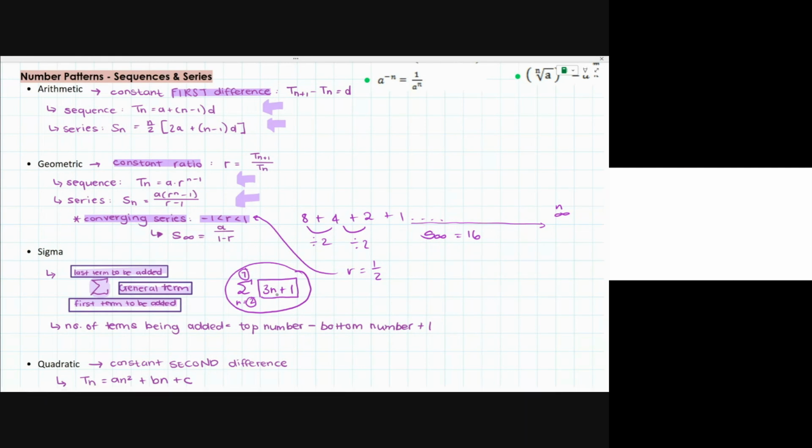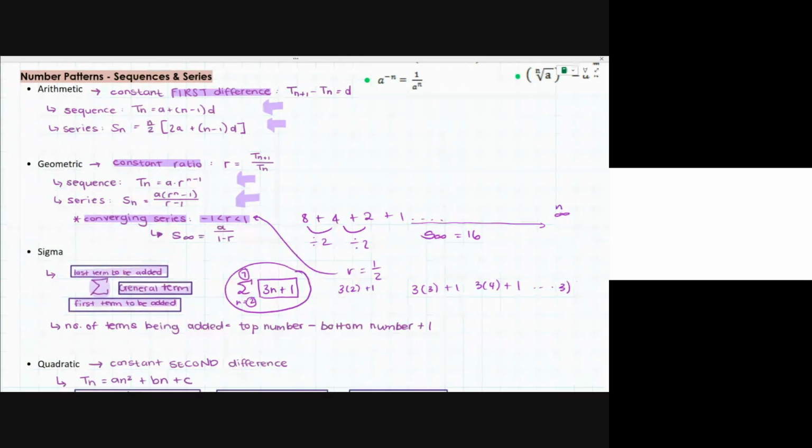So I'm going to be adding term 2, so 3 times 2 plus 1, term 3, term 4, all the way up to term 7. And that is essentially what I'm wanting to deal with in terms of my sigma.